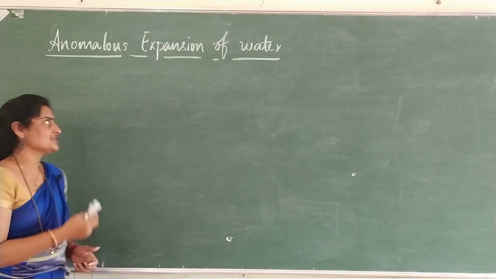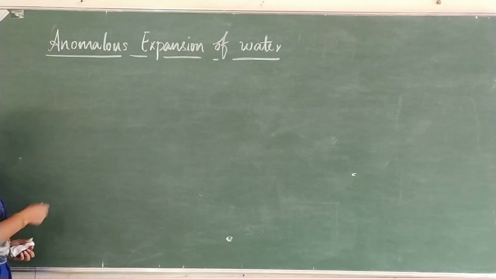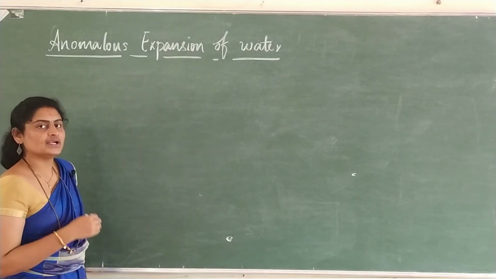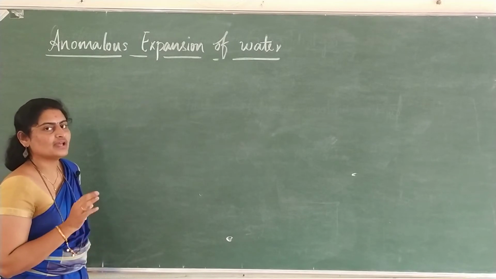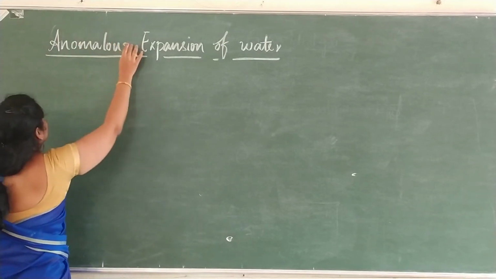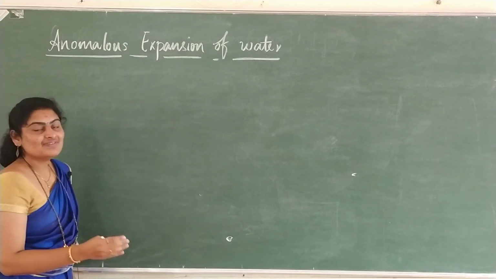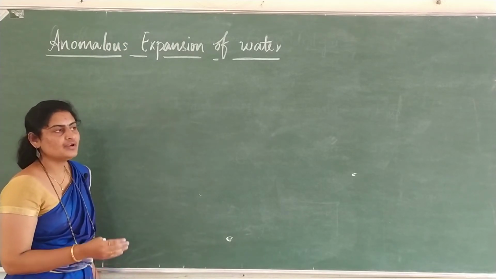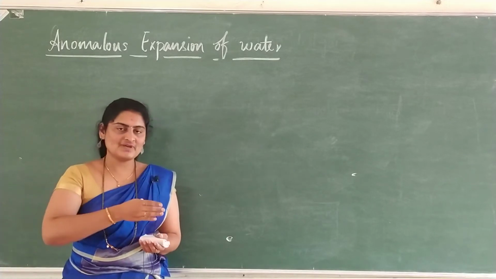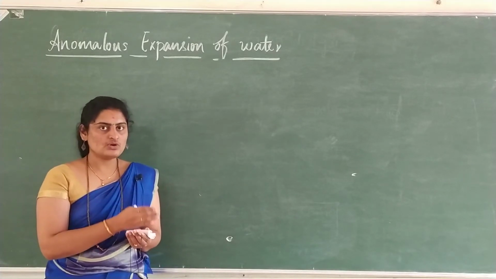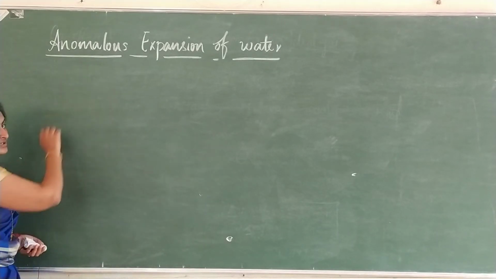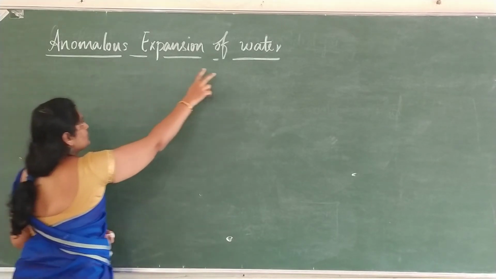Very interesting concept. So you know that expansion is nothing but increasing the dimension of an object. Anomalous, what is this word? Anomalous is deviation from the standard or normal behavior. Normally something should behave one way, but if it does not behave like that, we call it anomalous behavior. So, anomalous expansion of water.